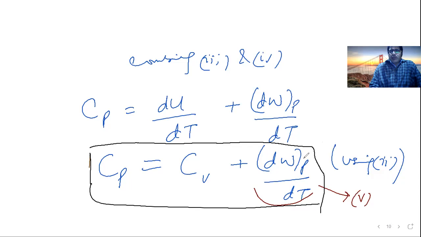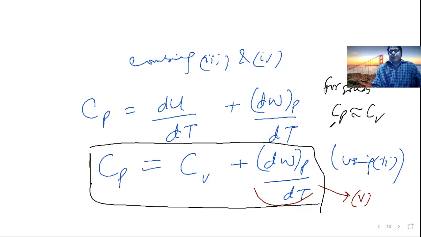Therefore, for solids, Cp is approximately equal to Cv, right?